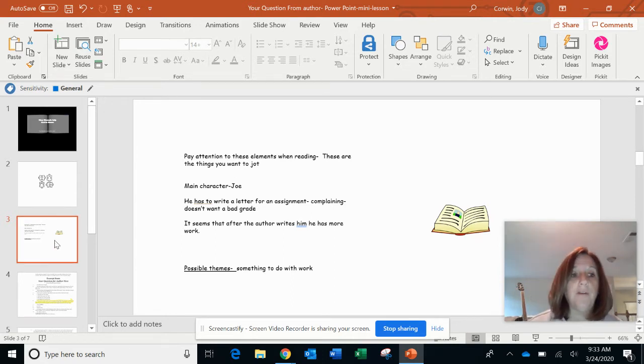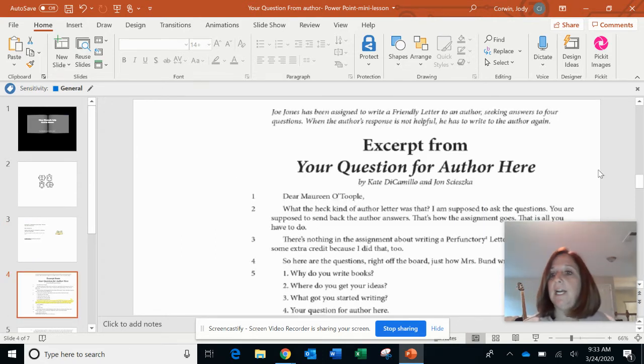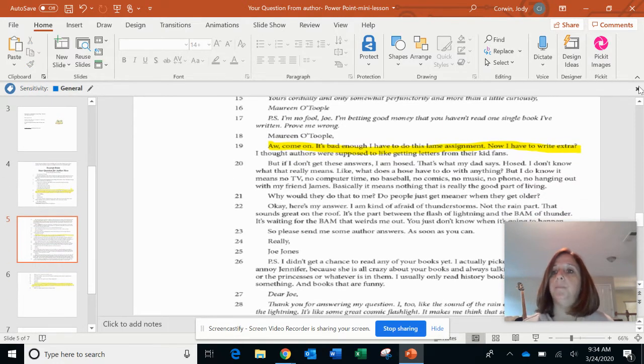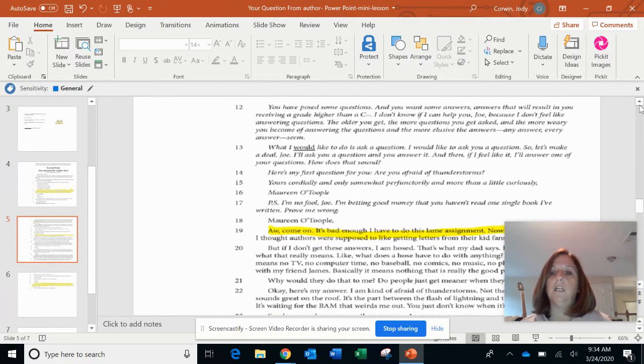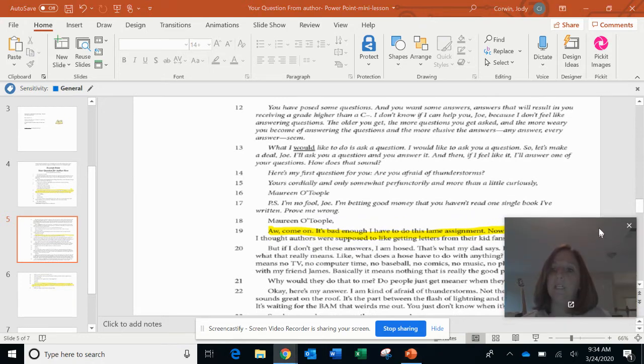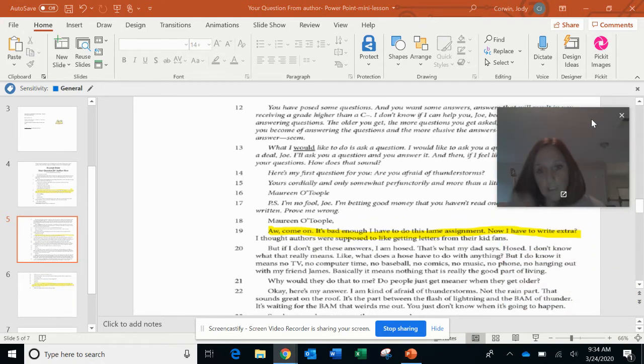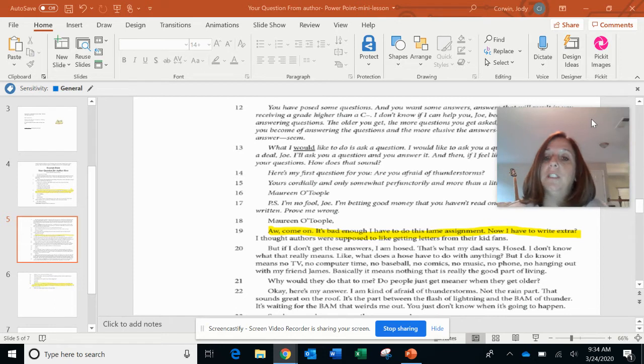And if you look at the text, I highlighted a part of this text. If you look at line 19, it says, "Oh, come on, it's bad enough I have to do this lame assignment. Now I have to write extra."